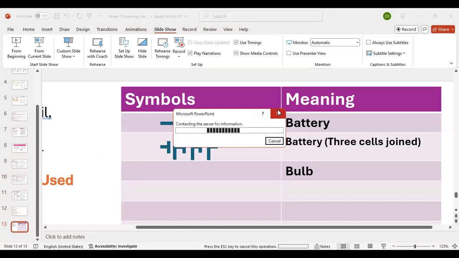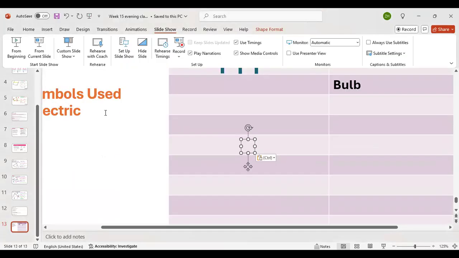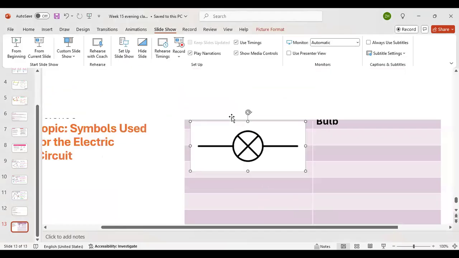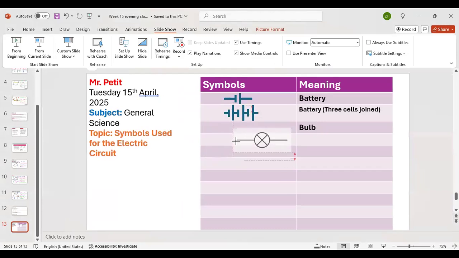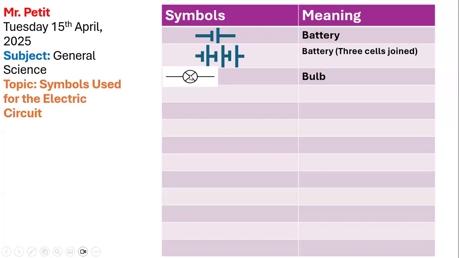Let me make this smaller. This is one version of the bulb. It looks like an X with a circle in between. This is the bulb.